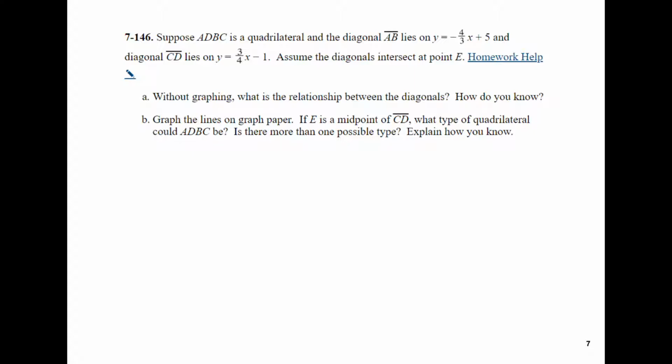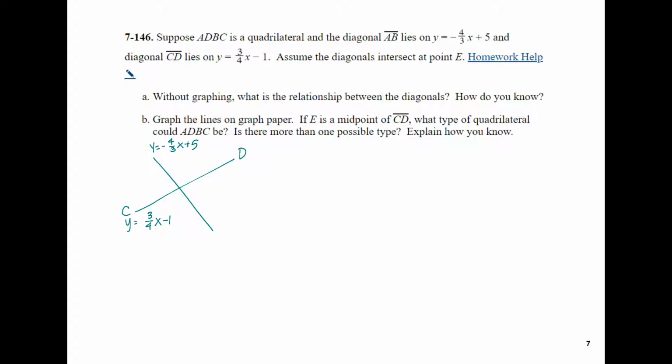Suppose that ADBC is a quadrilateral and the diagonal AB lies on the line y equals -4/3x plus 5, and diagonal CD lies on the line y equals 3/4 x minus 1.